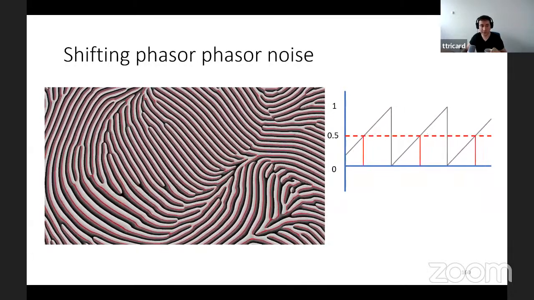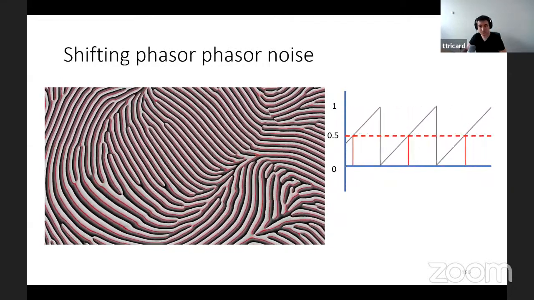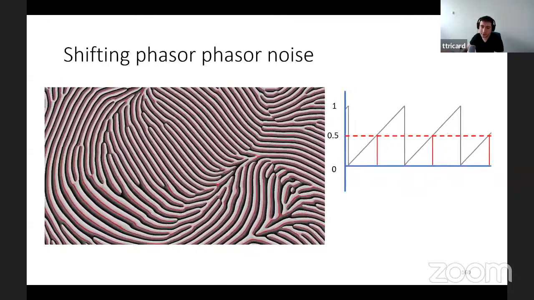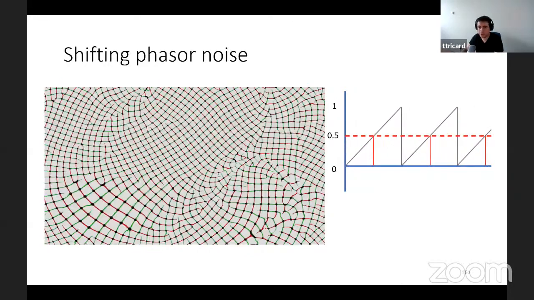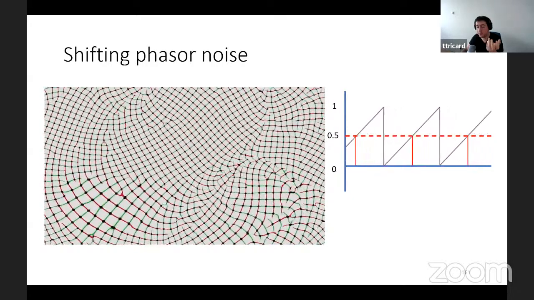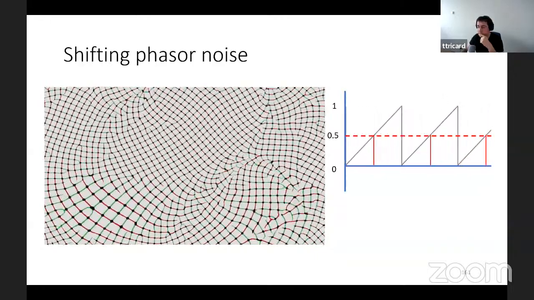So here you have an animation. Right. And we can also do that on both Phasor noises we use to generate the graph at the same time, such that it will move even more the singularities.